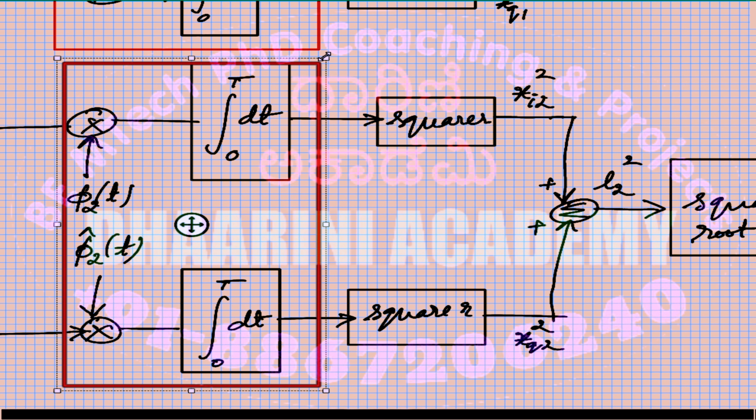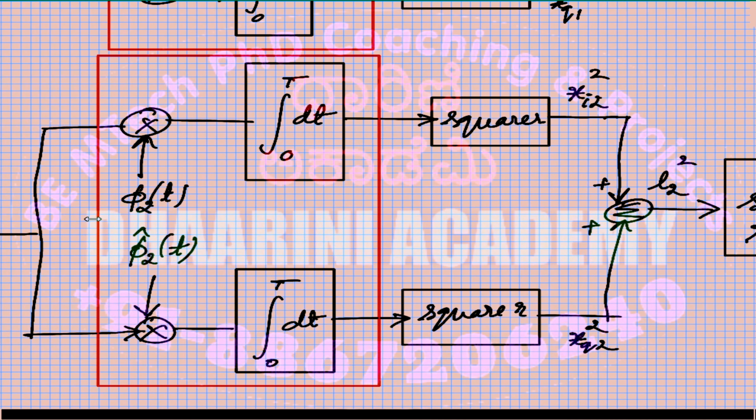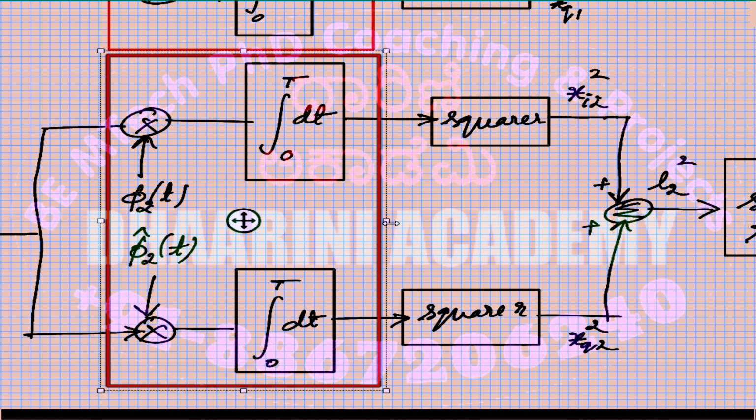So we used two cross correlators basically. Correct. So we replace the matched filters by the correlators.